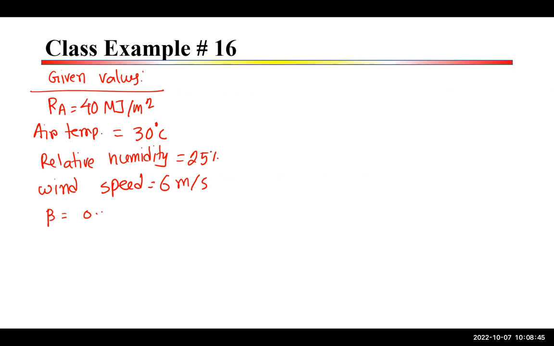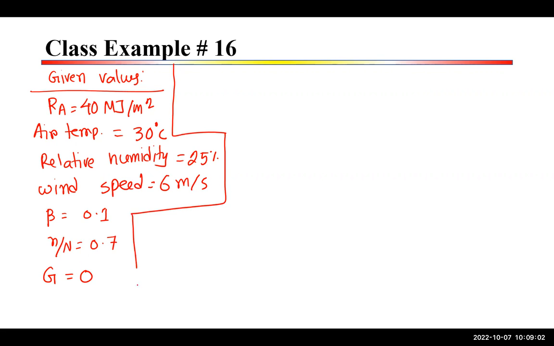Beta is 0.1, N over N is 0.7. And they said to disregard the soil heat flux, so G equals 0.